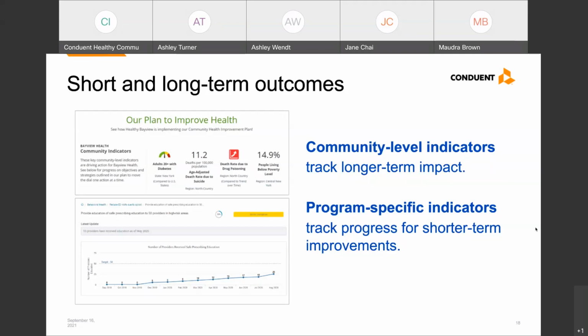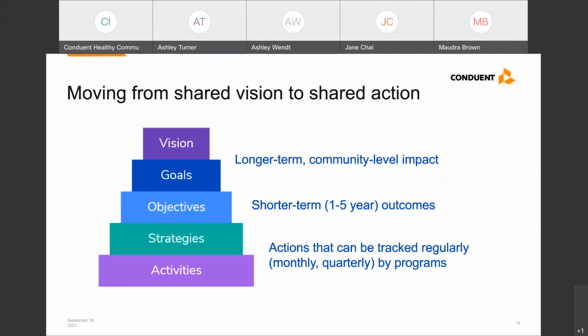In your planning process, you likely identified a shared vision that guides your efforts with your partners. To help us better see what outcomes to track, we recommend using a logic model or an evaluation plan that helps you better understand how to move from that shared vision to shared action.